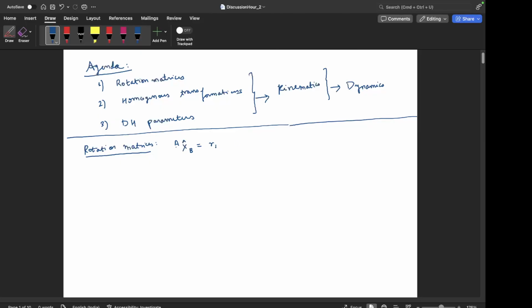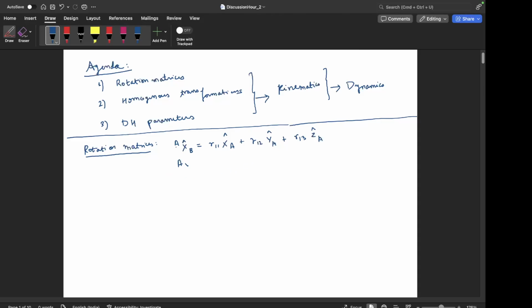So that is R11 XA hat plus R12 YA hat plus R13 ZA hat.